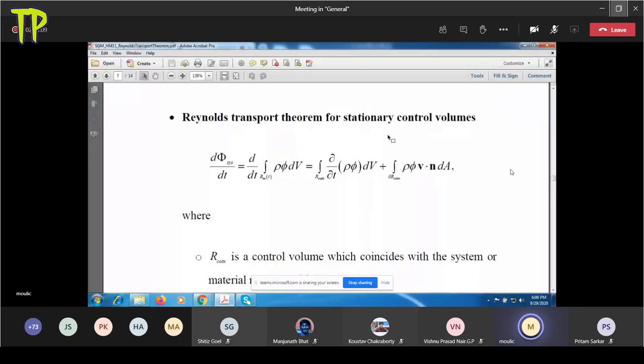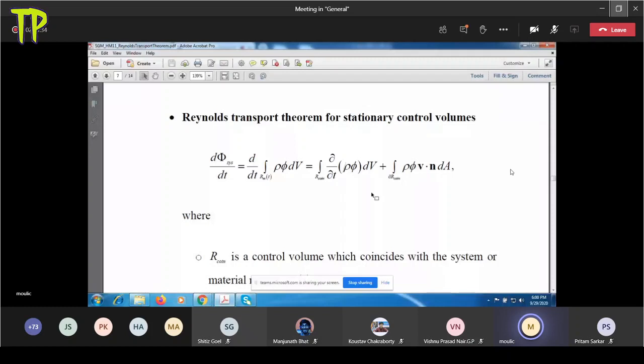You have to take an open system which coincides with the closed system at time t. At a later instant of time, if the control volume is stationary, the system might have moved and will not occupy the same region. Only at time t, the region occupied by Rm and the region occupied by the control volume are the same.